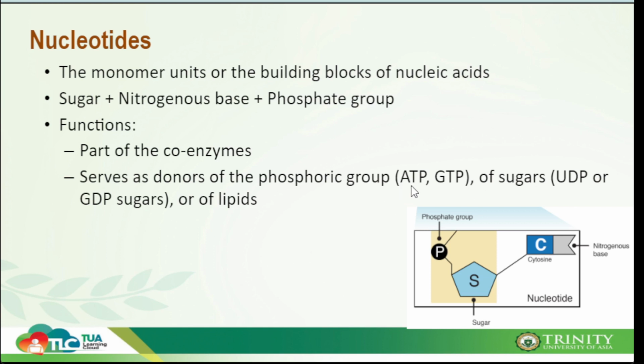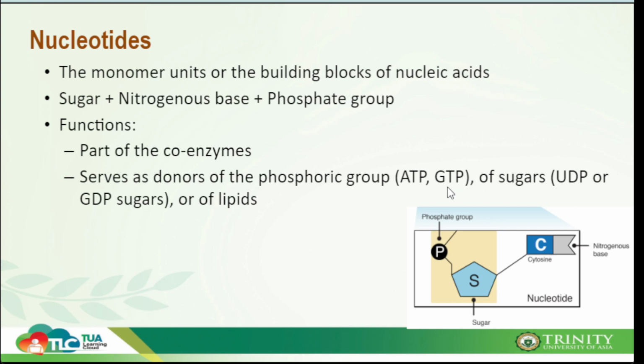So, if ATP and GTP donate one of their phosphate groups, ATP will become ADP or adenosine diphosphate, because it has lost one of its phosphoric groups. From 3, it became just 2. Same with your GTP or guanine triphosphate. Okay? It will become GDP.